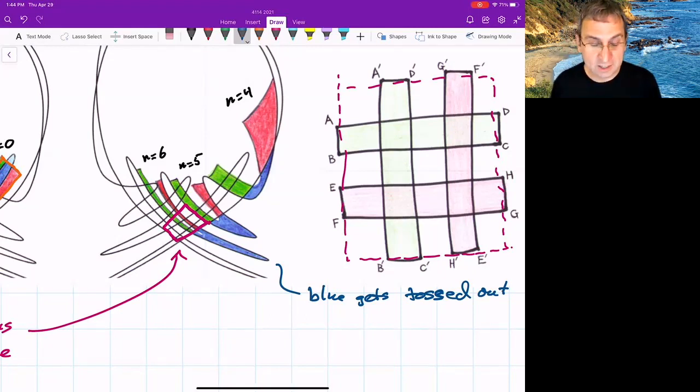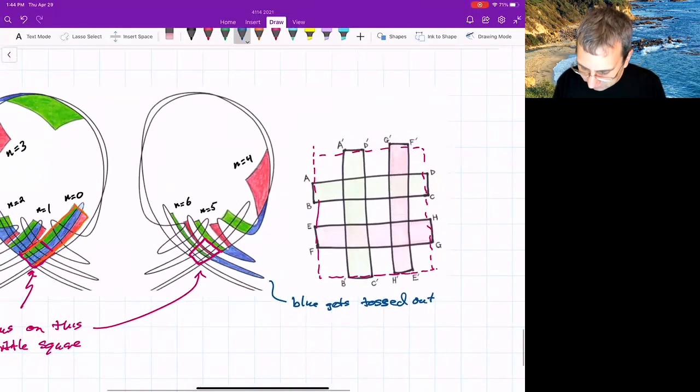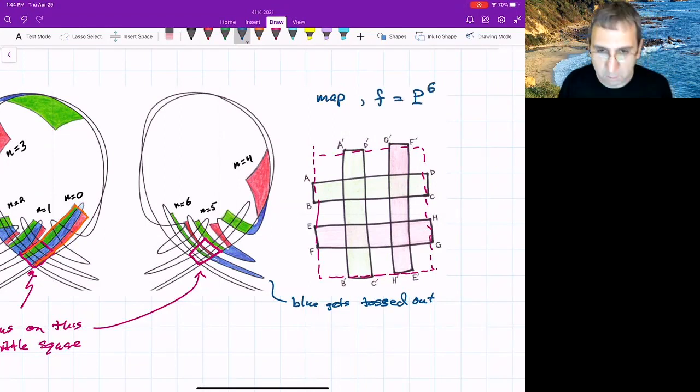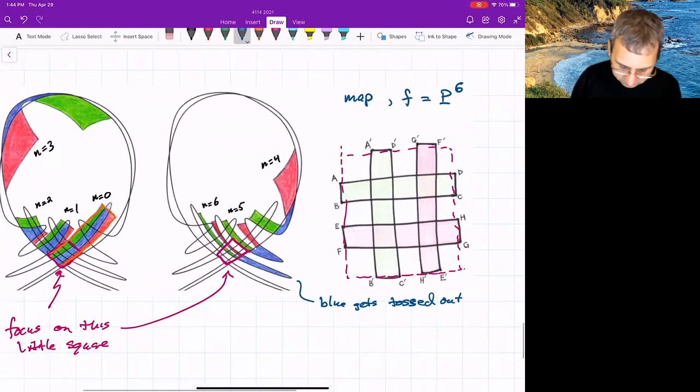We could repeat this and see what remains in that little square. If we were to construct a map, let the map be, it took 6 iterates to go all the way around. So if we say the map is the Poincaré map applied 6 times, this map maps that square, we'll call this square D, onto itself.